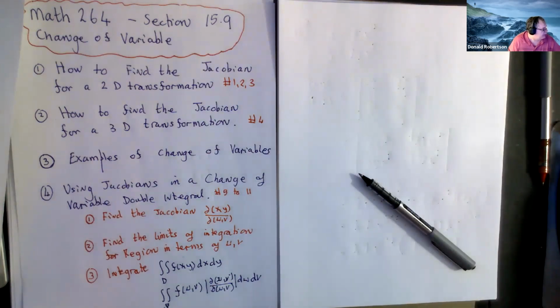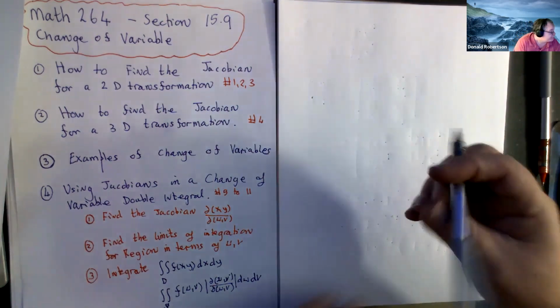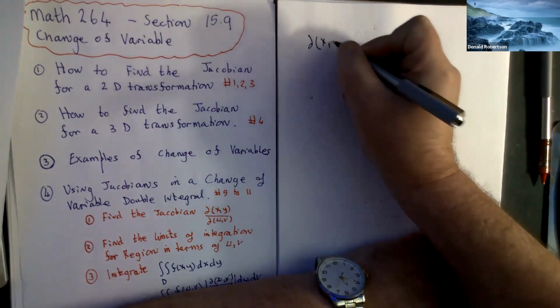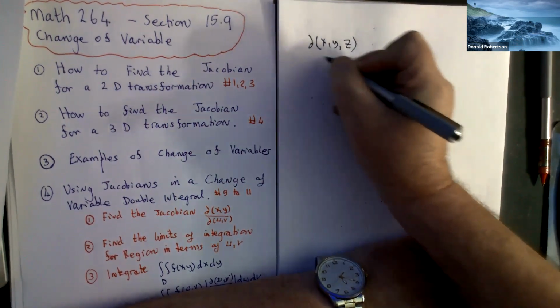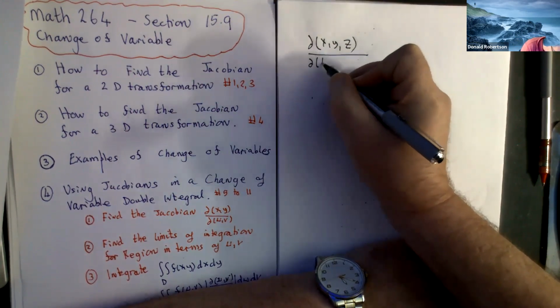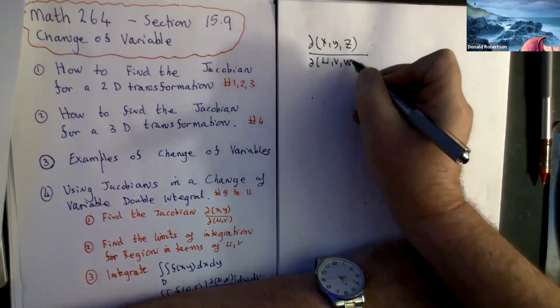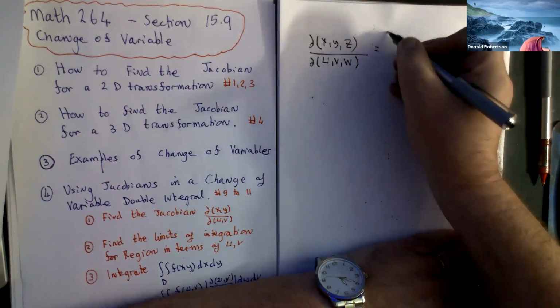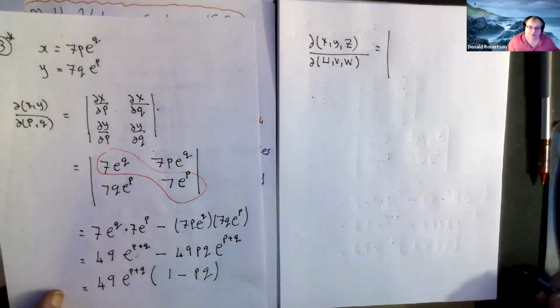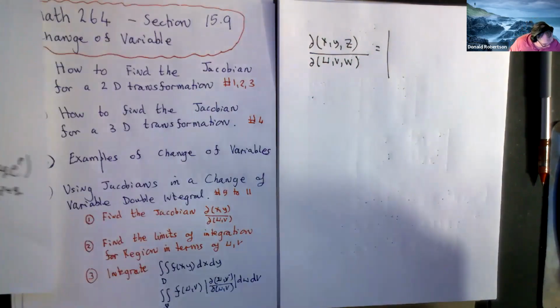How about doing the same thing with 3 variables? So how would we do a Jacobian of x, y, z being changed into u, v, w? Well, you would just expand this idea, but it would expand into a 3 by 3.